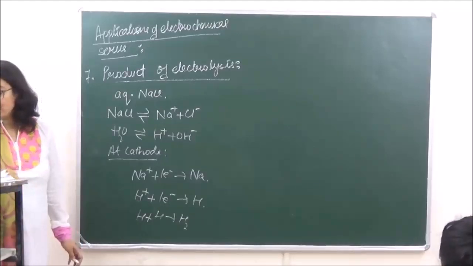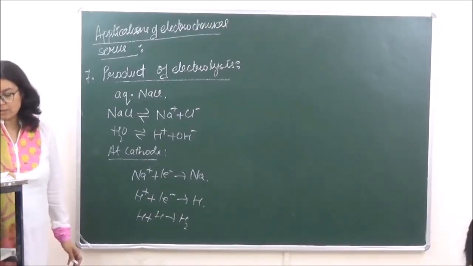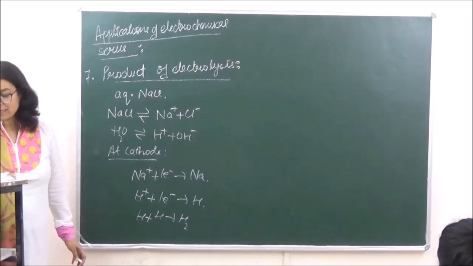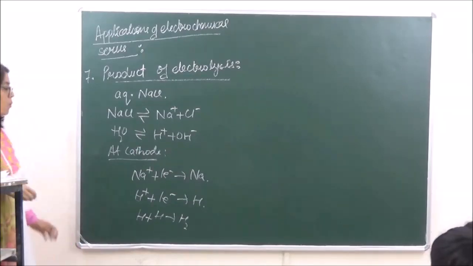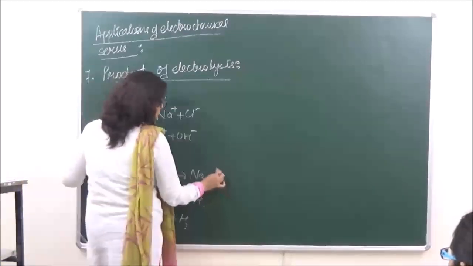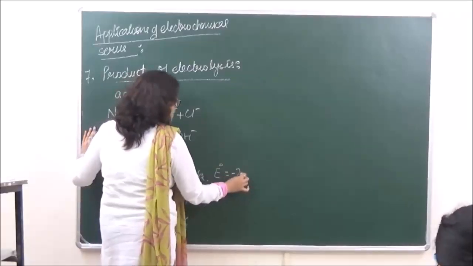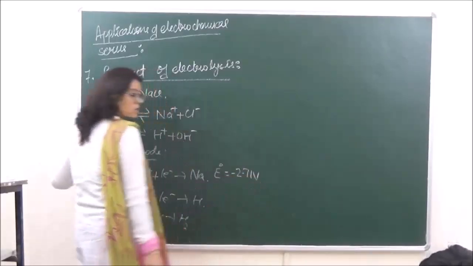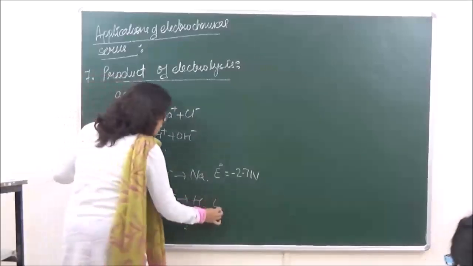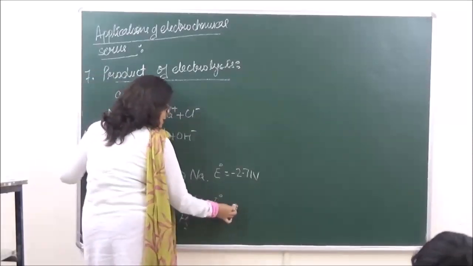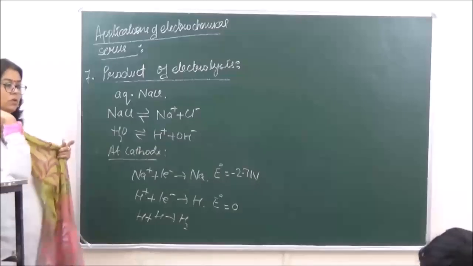The E naught value for sodium is minus 2.71 volts, whereas the E naught value for hydrogen is 0.